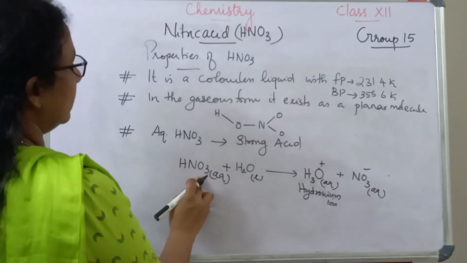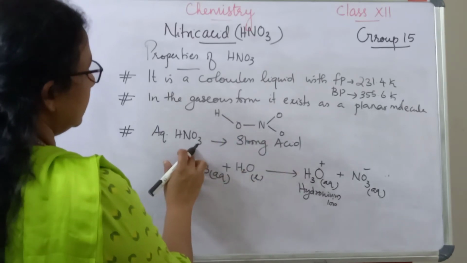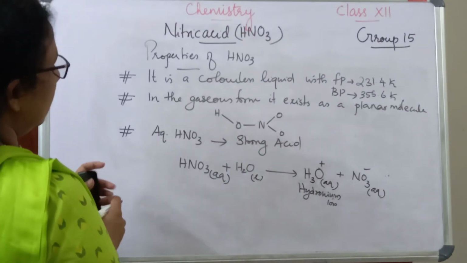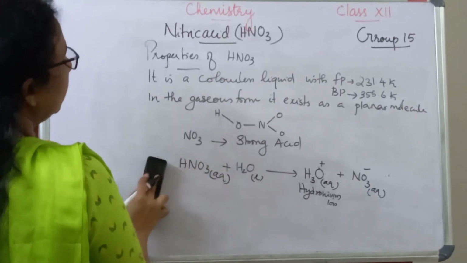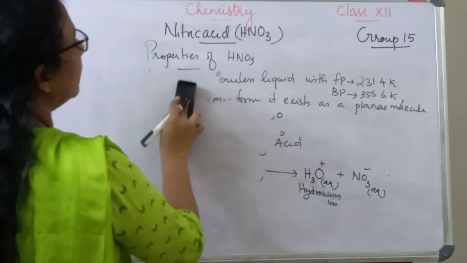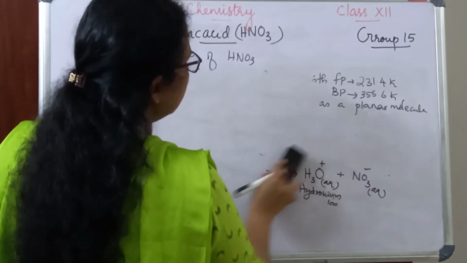So the aqueous solution of nitric acid, HNO3, is a strong acid. Now let us see another property, that is the oxidizing property of HNO3. This is another important property of nitric acid, that is oxidizing property.